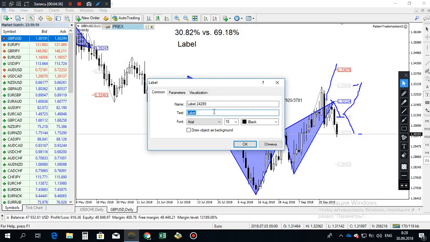There is a 28.7% probability that it will go to the upside, versus a 71.30% probability that it will go to the downside.